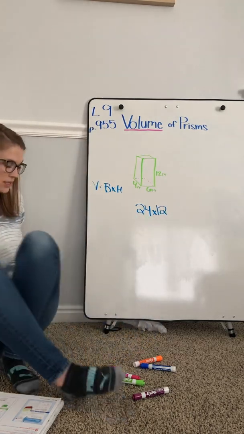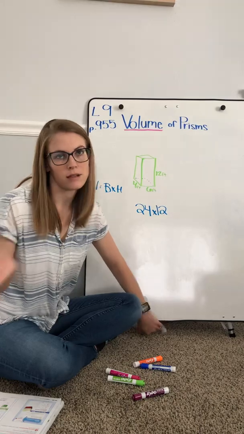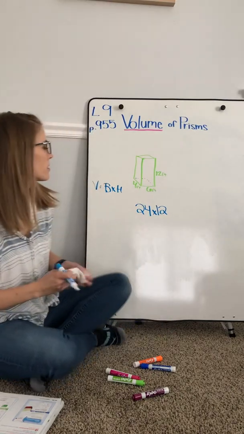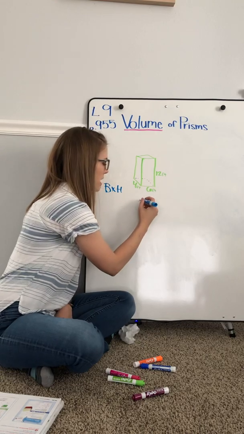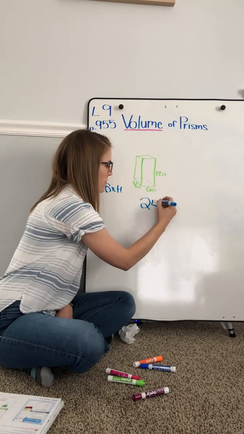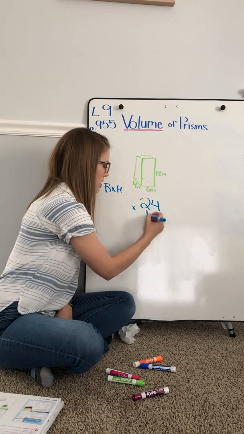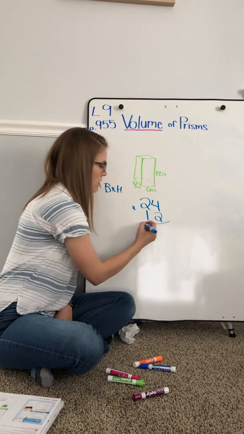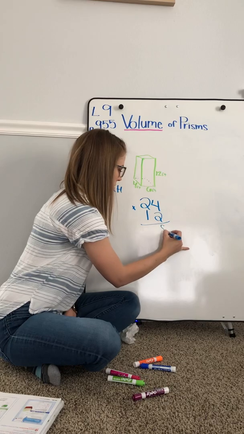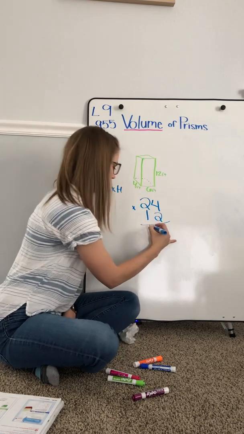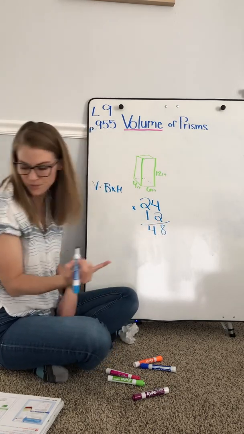Go ahead and solve for the volume, pause, come back and check with me. Okay, so again, I'm doing base times height. I'm going to stack it though. Write it vertically. And we're going to solve here. 4 times 2 is 8. 2 times 2 is 4.